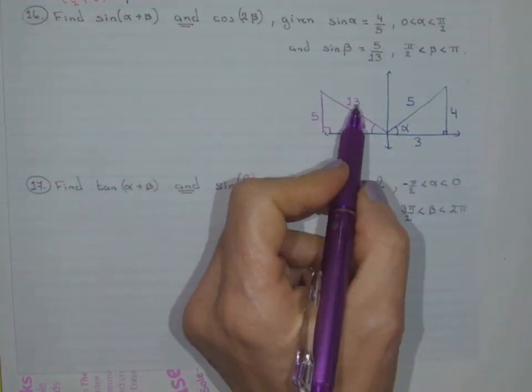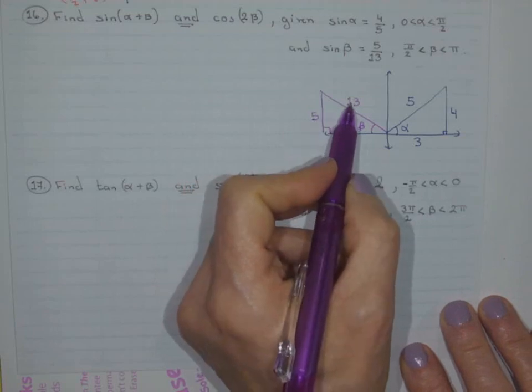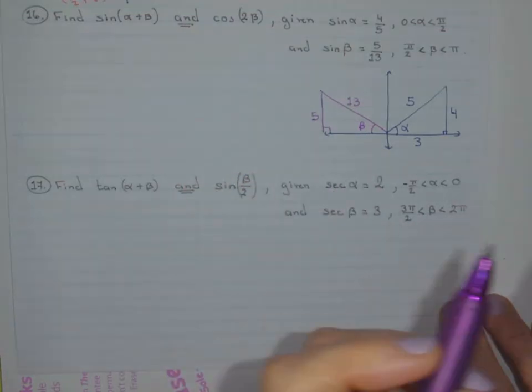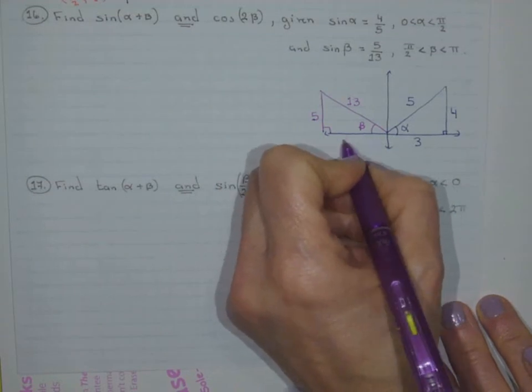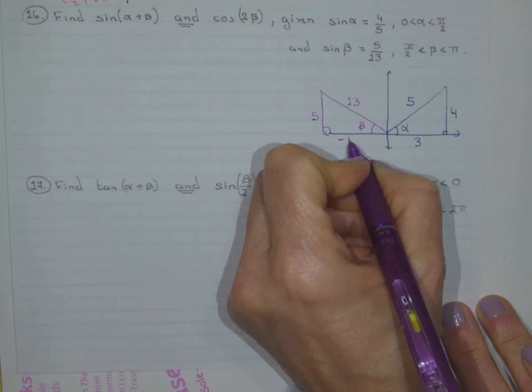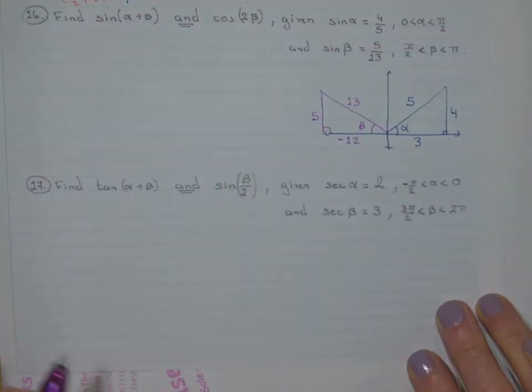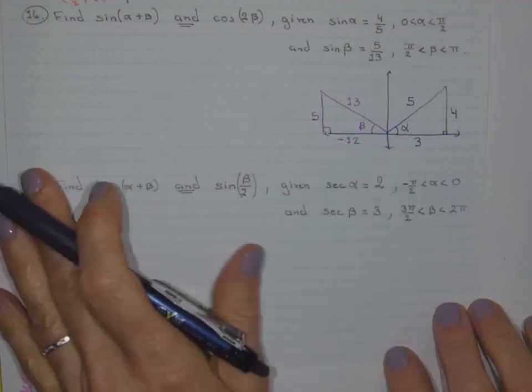And then we're going to do the square root of 13 squared minus 5 squared, and that will give you a 12. But we are in quadrant 2, so the x values in quadrant 2 are negative, so that should be a negative 12. So you have to be careful about that. Okay, so now we have our triangles.